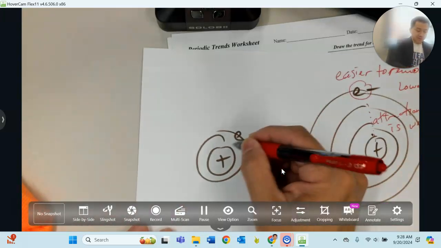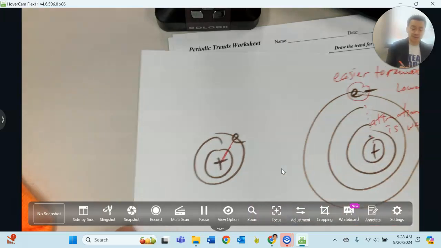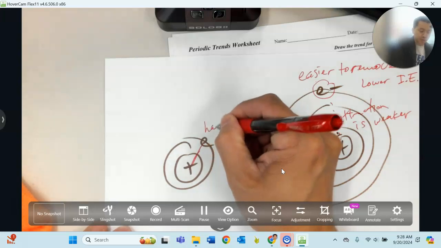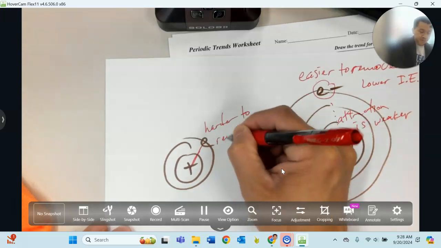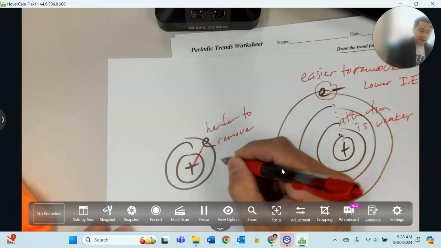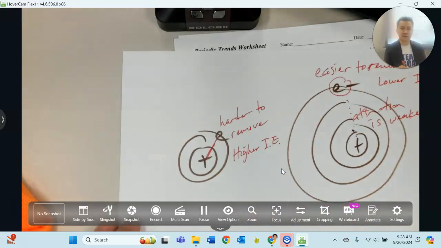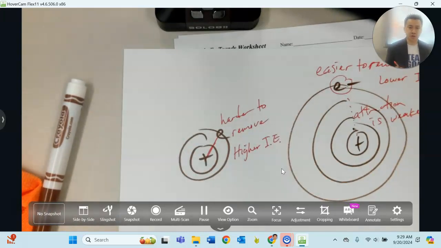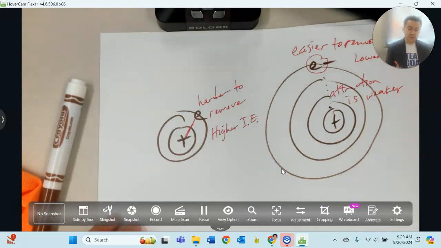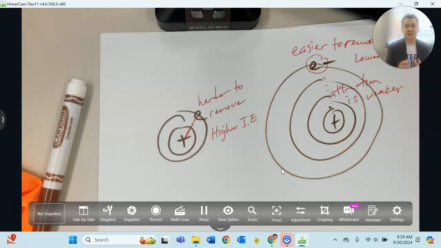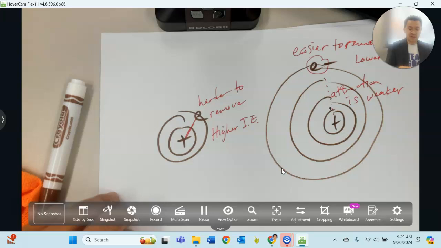And the smaller one here, it's closer, so it's holding onto it tighter, so it's harder to remove. So then higher ionization energy needed, because the attraction is stronger. So simple. To summarize, a smaller atom will have higher ionization energy than larger atoms. I'm sorry, word salad today.